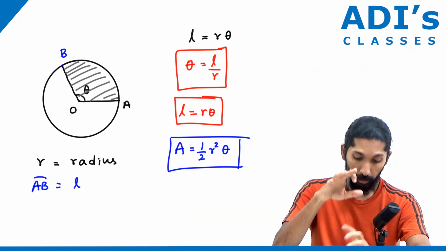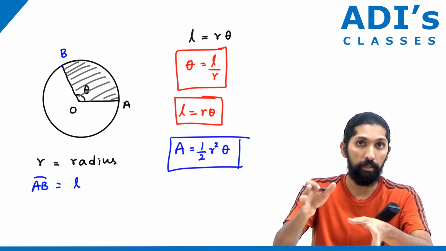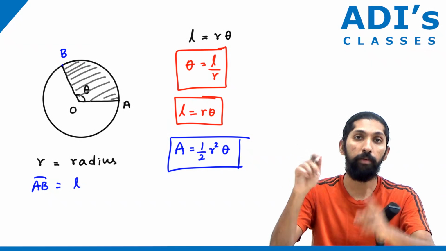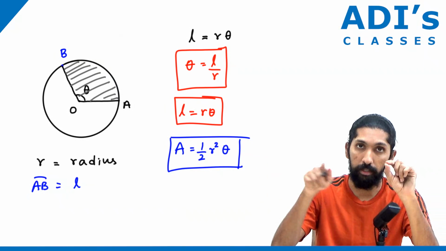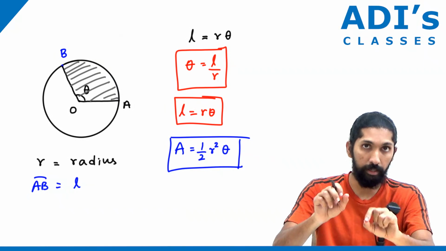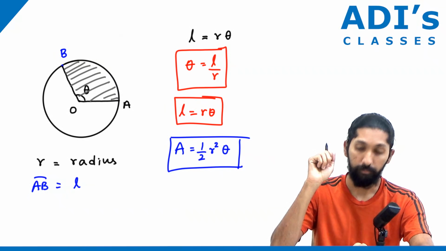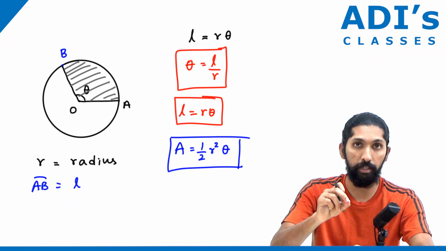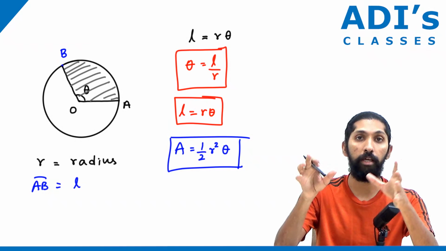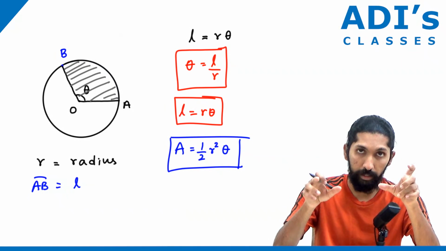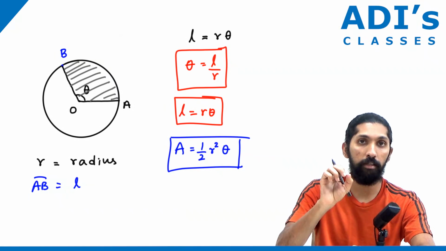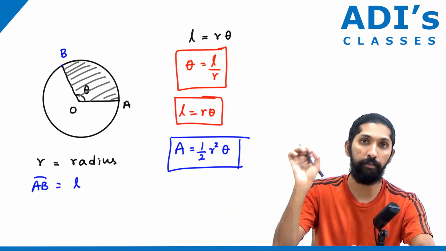Now remember, L is equal to R theta. This gives the relation between the length of the arc, the central angle theta, which is in radian, and the radius. A is equal to half R square theta gives a relation between the area of the sector, the radius, and the central angle theta, which is in radian.